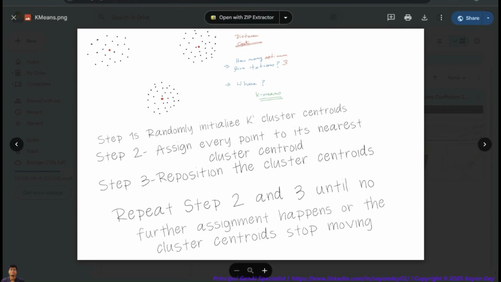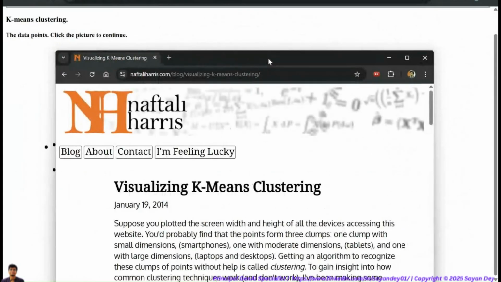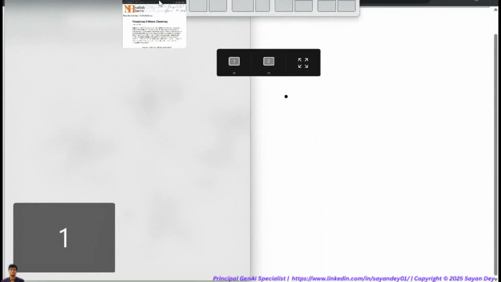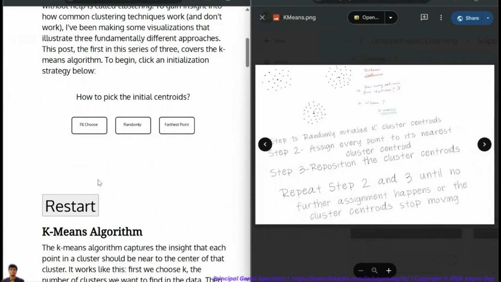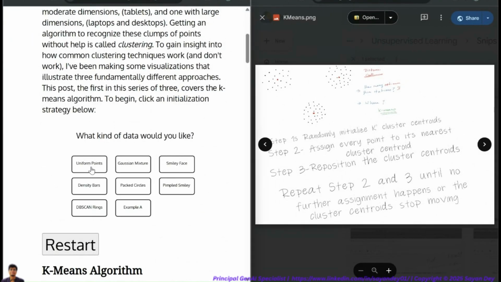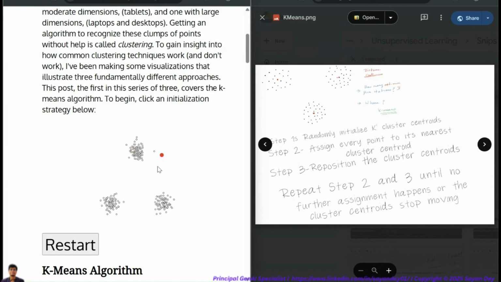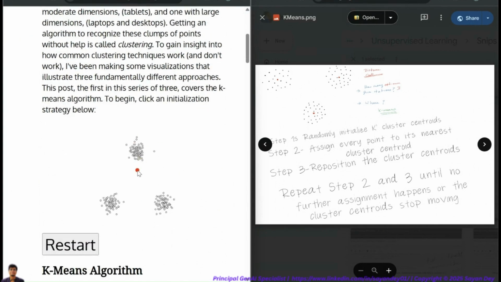So just to help you relate to this a little better, I will parallelly open up this visualization for you. Let me quickly take you through this pictorial approach. I will take a simple example of a Gaussian mixture. I think it's very obvious here how many centroids and how many clusters there are, but let me take you through it anyway.